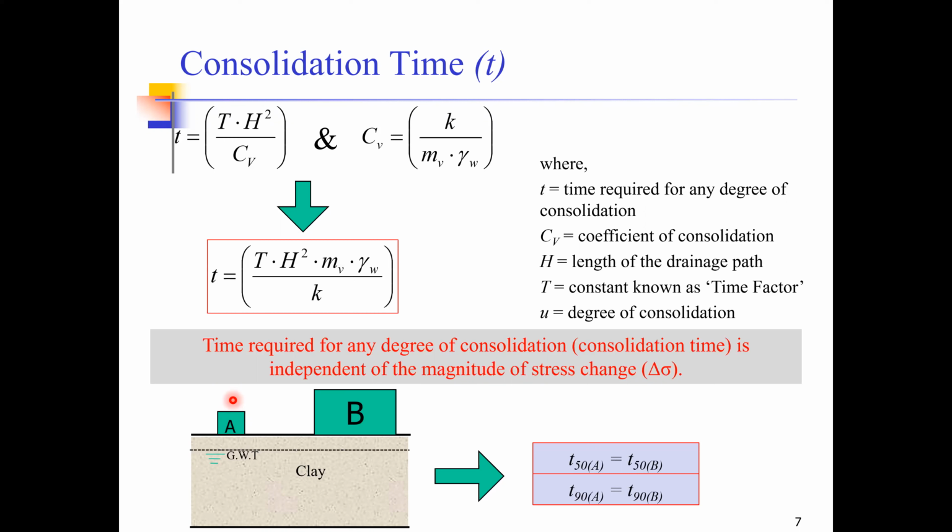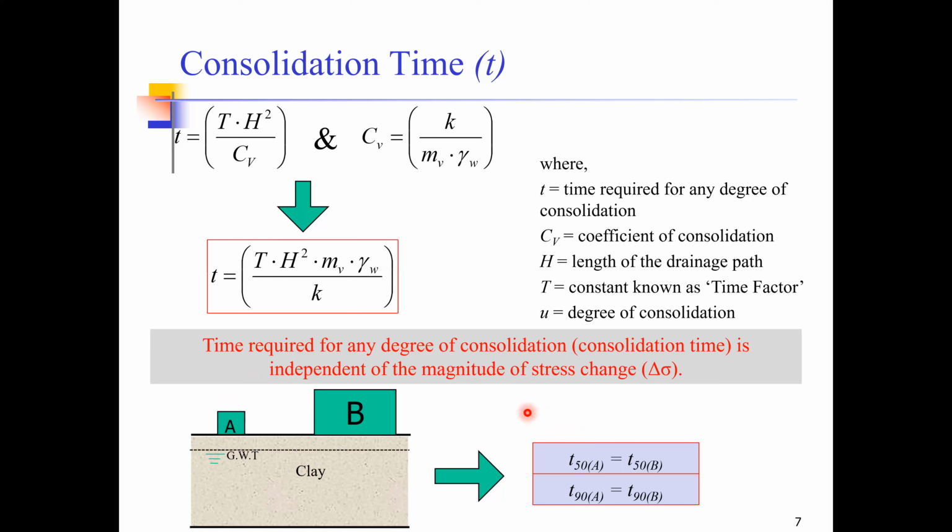For example, the total consolidation settlement because of load A may be 100 millimeters, and for load B 200 millimeters. What we mean by these equations is that the time required for 50% consolidation to complete, both in case of load A and load B, would be the same.